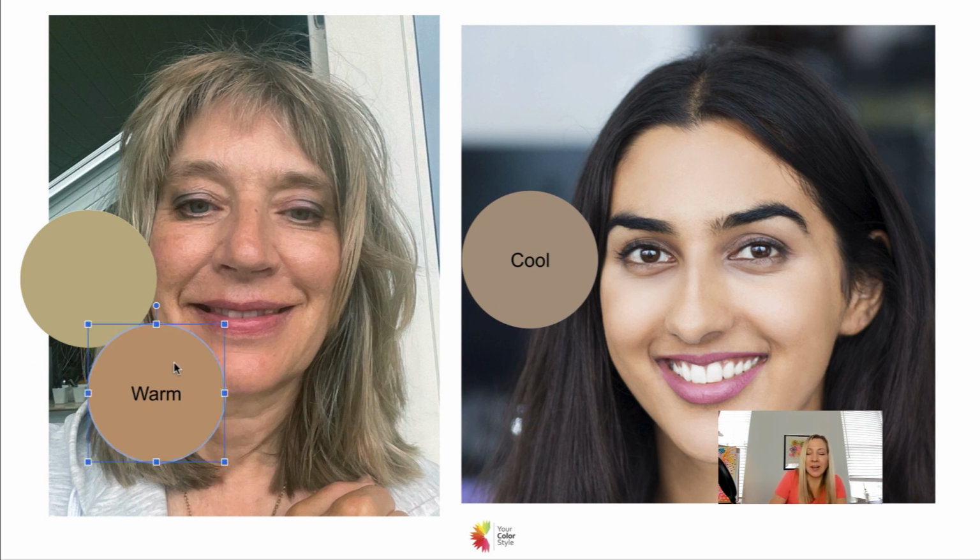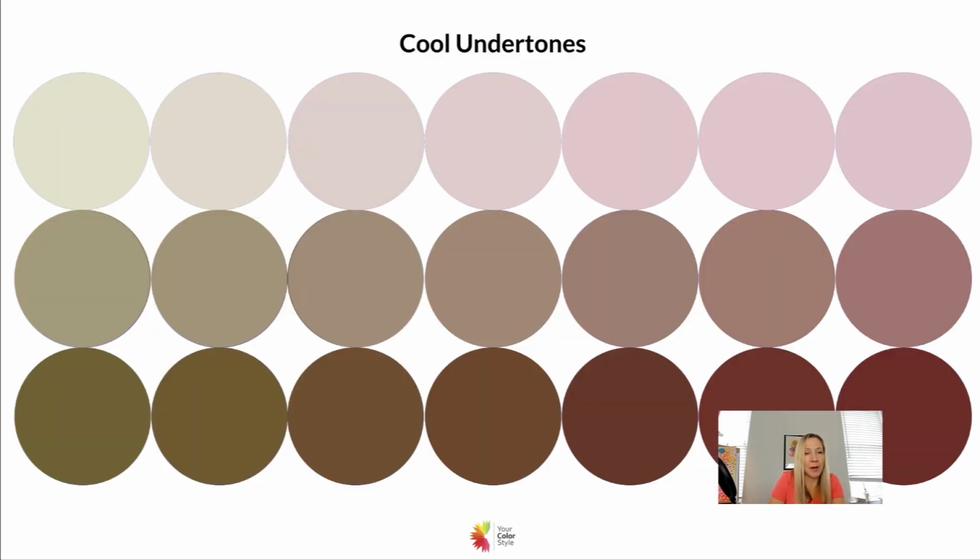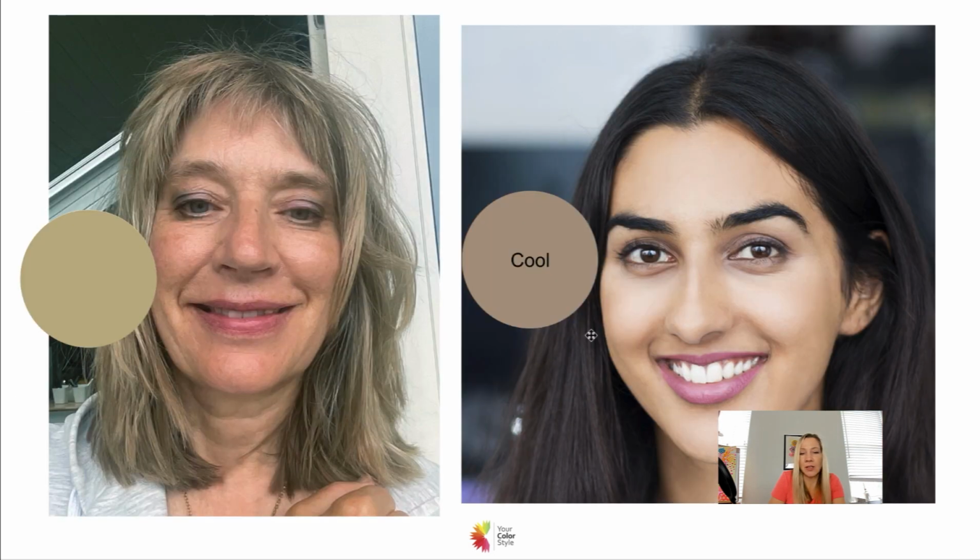And again, I don't really like putting the color swatches of the skin on a photo. It's a little bit misleading. So I'm just trying to convey the concept here. This is a color pulled from about right over here in these olive greens. And so likely she has cool undertones.